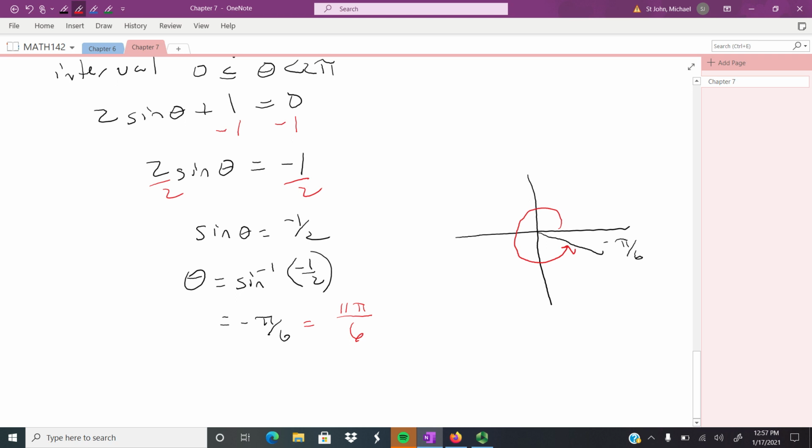But sine is negative in both the third and the fourth quadrant, and so the other angle is actually going to be over here. And so my other angle is going to be 7 pi over 6. So I get two answers, 11 pi over 6 and 7 pi over 6. Right?